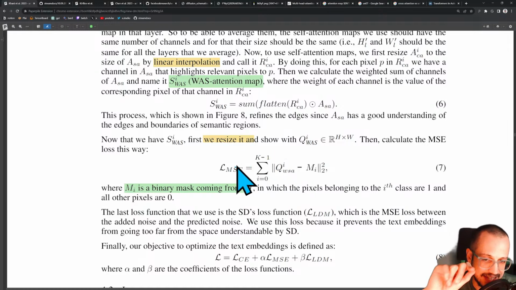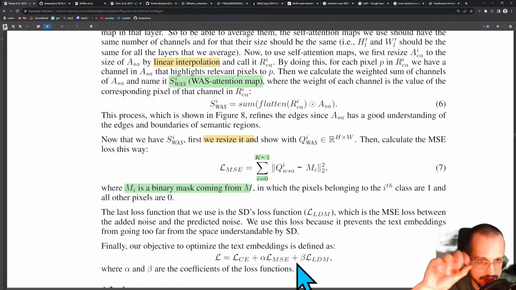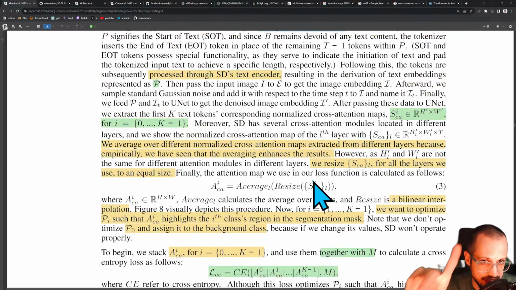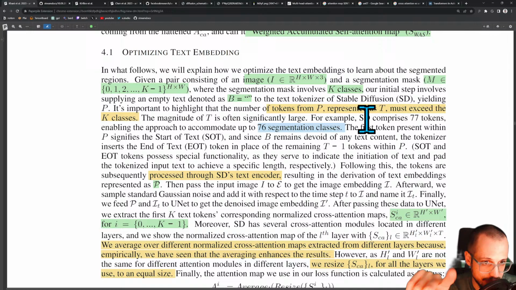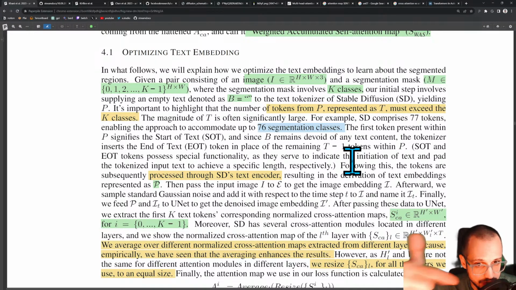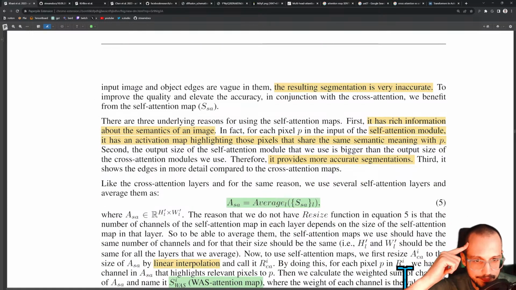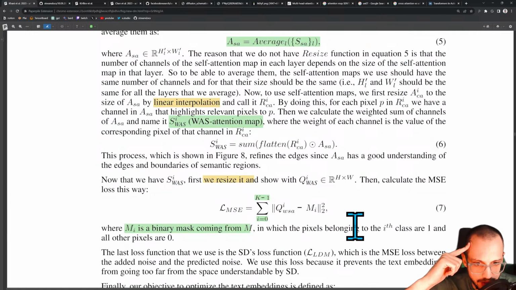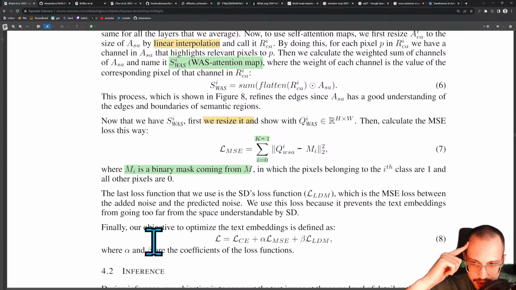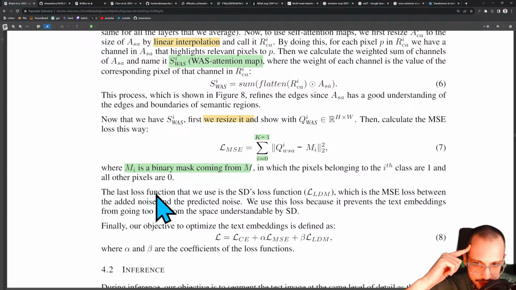So that's the MSE loss here that you're going to be using. You're summing that over all of the K tokens. And tokens are classes in this case, right? And you can have up to 76 classes because the text encoder in Stable Diffusion takes up to 77 tokens. Okay. Pixels belonging to class are 1 and all the other pixels are 0.